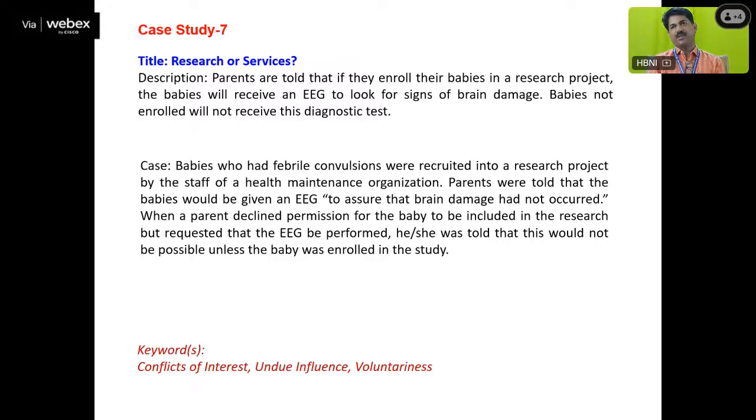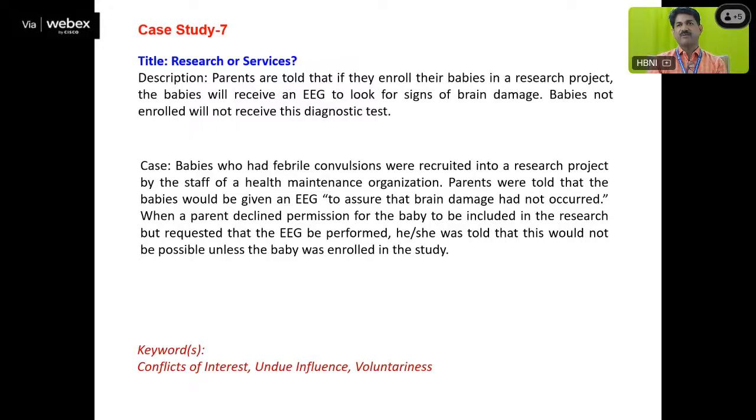This type of misconduct should not happen during research. So when we apply ethical standards, whenever we are doing research, undue influence should not be forced, and the research participants should participate voluntarily.